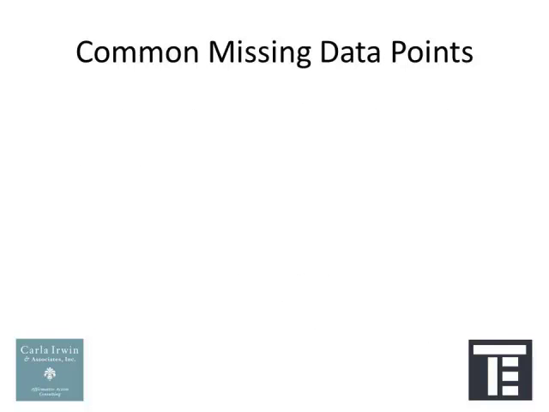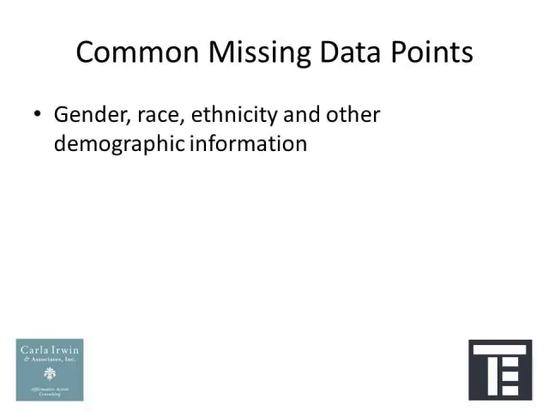Okay, we're going to move on to some common missing data points. And the first one is race, gender, ethnicity, any of your other demographic information. I will typically get an Excel file of the hire log, and that information is missing. And it can be missing for a couple different reasons.